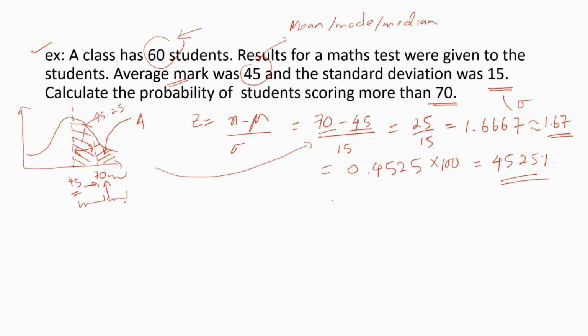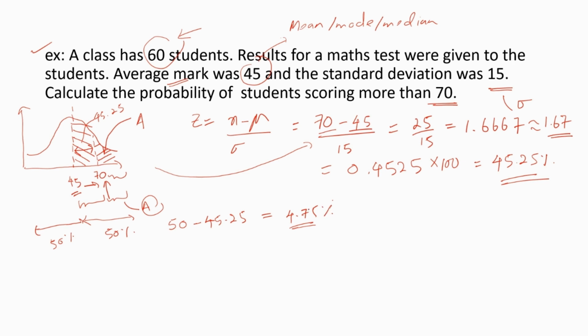So how can we find this area, area A? We know that the bell curve is symmetric around the mean. So this whole area equals 50%. And this half equals 50%. Now we can find the area of A. 50 minus 45.25, which equals 4.75 percent.